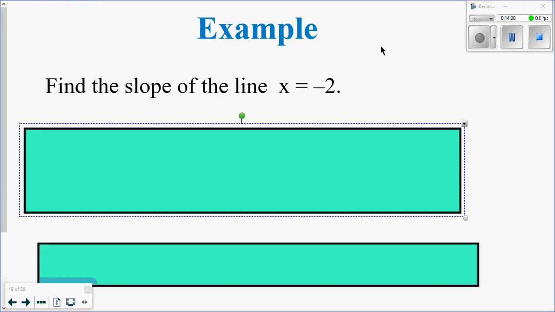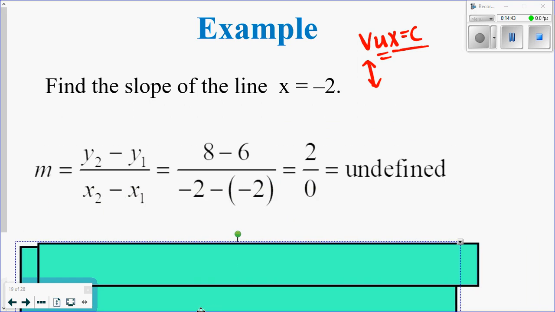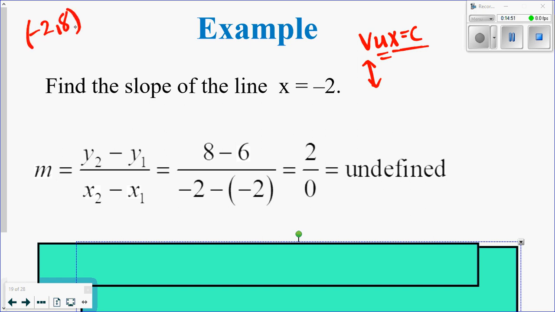So find the slope of this line. Since it's x equals, remember VUX, so x equals some number, that means your slope is undefined, and it is a vertical line. But if you were to assign it some points, so they're saying to use the points (-2, 8) and (-2, 6).